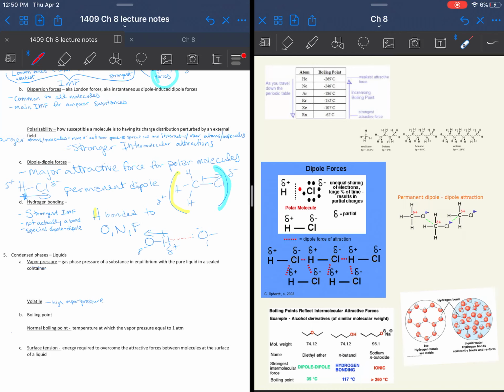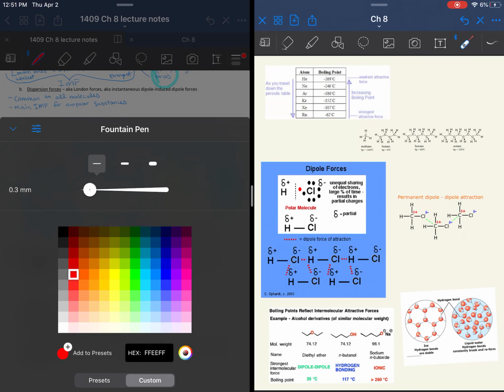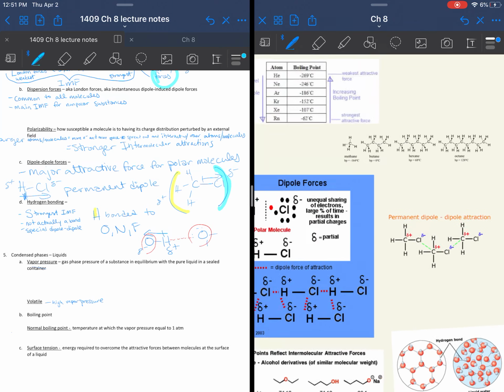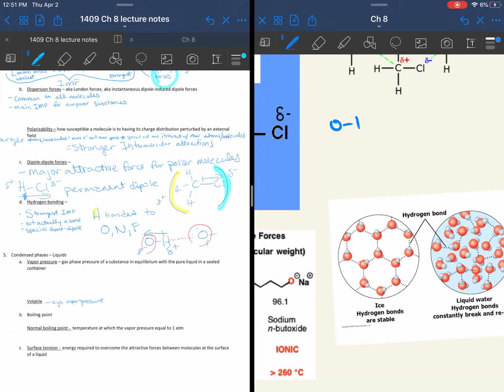So if I could switch this over here, you're going to have that attraction. Now, on either side, this atom right here could be an O, an N, or an F, and then what it's attracted to could be an O, an N, or an F. So you could have, let's show this really quickly here.